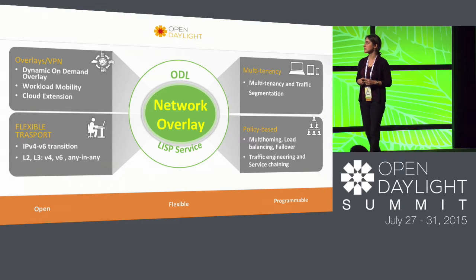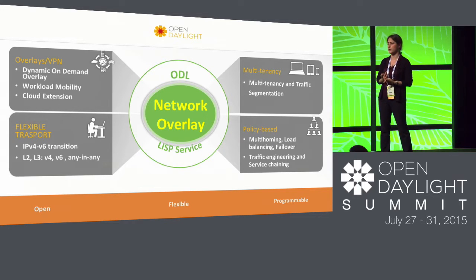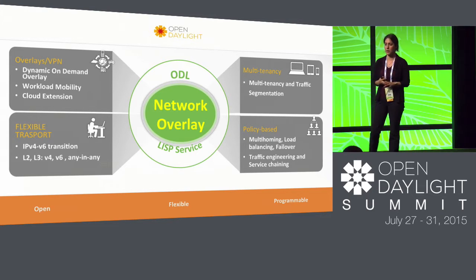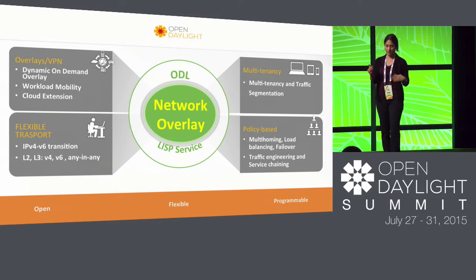The next use cases are around flexible transport. So layer 2 overlay support, layer 3 overlay support, and IPv4, IPv6 support, as well as IPv6 transition scenarios. For IPv6 transition, we have multiple scenarios that we can look at.